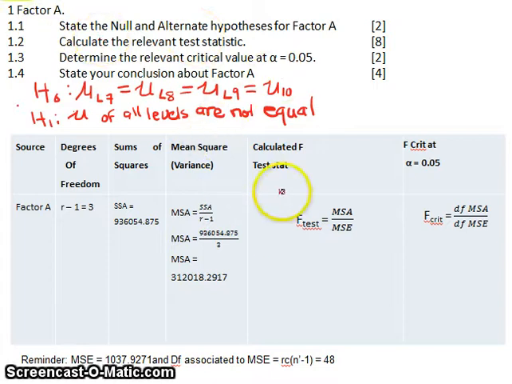If we determine the relevant test statistic, we'll use our formula there. We've calculated what MSA is, and we remind ourselves, we also calculated what MSE is.